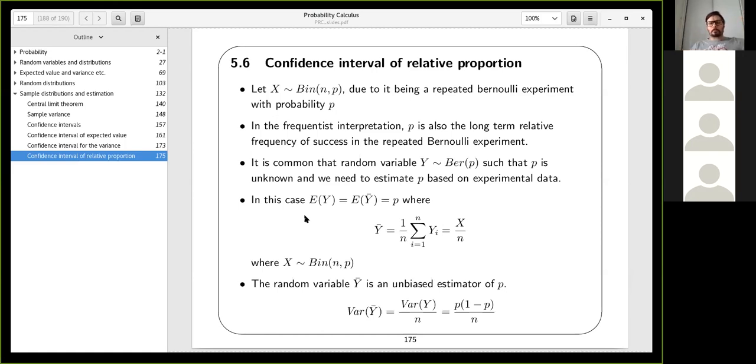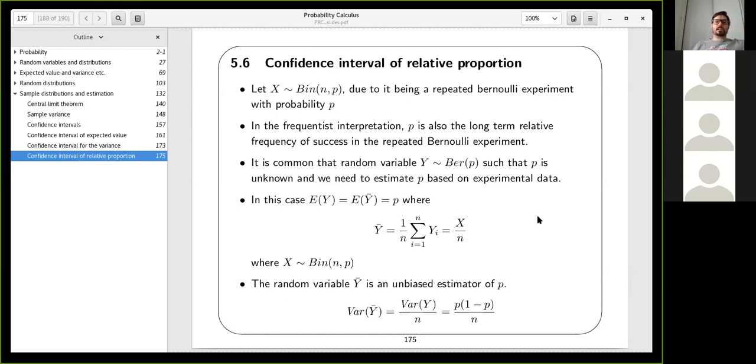So if we have a random variable, which is the one experiment where we have this probability P, it's the probability P of getting heads, or 1 minus P of not getting heads. And let's say that we don't know what this P is, and we need to estimate this P based on experimental data.